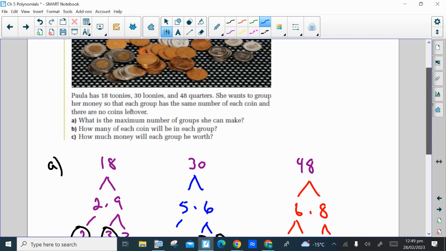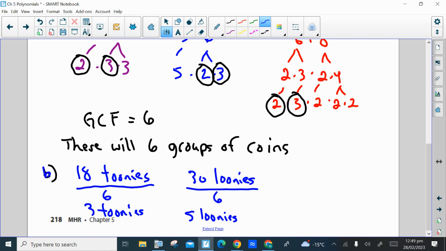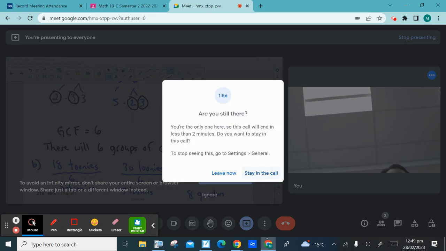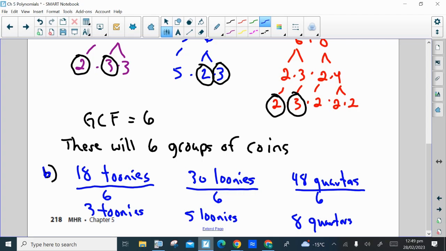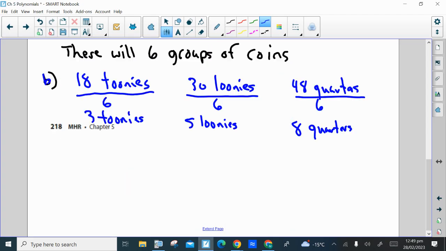And the last one are our quarters, and there are 48 quarters, which will also be divided by 6. And 48 divided by 6 is 8 quarters. So that is how many of each coin will be in each group.